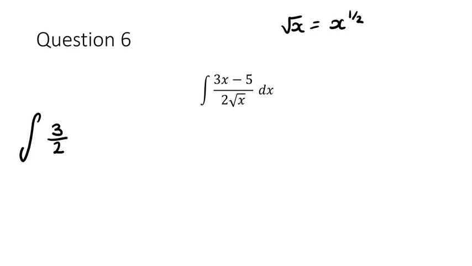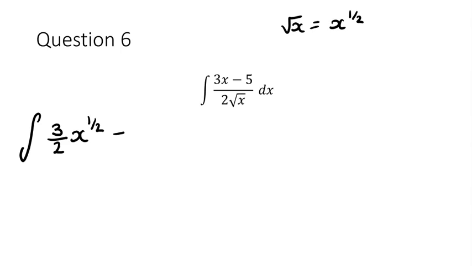And then in terms of the x's, essentially x to the power of 1, divided by root x, which is x to the power of a half. Dividing indices, take away the powers. 1 take away a half is just a half. So 3x divided by 2 root x is 3 over 2 x to the power of a half. And then I'm going to do minus 5 divided by 2 root x.